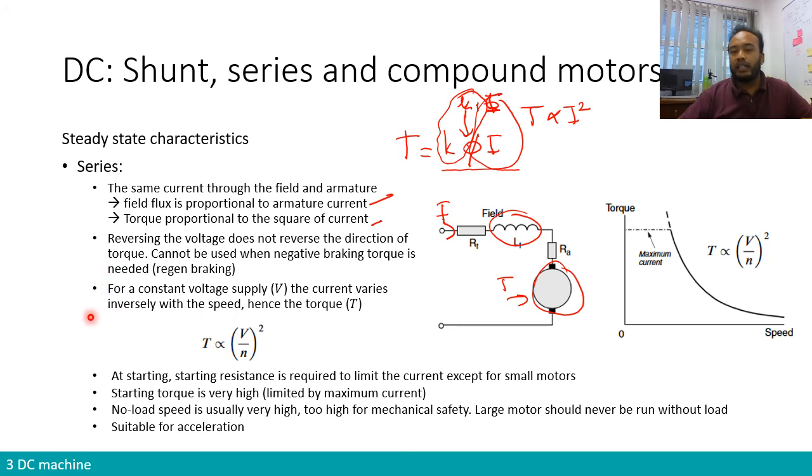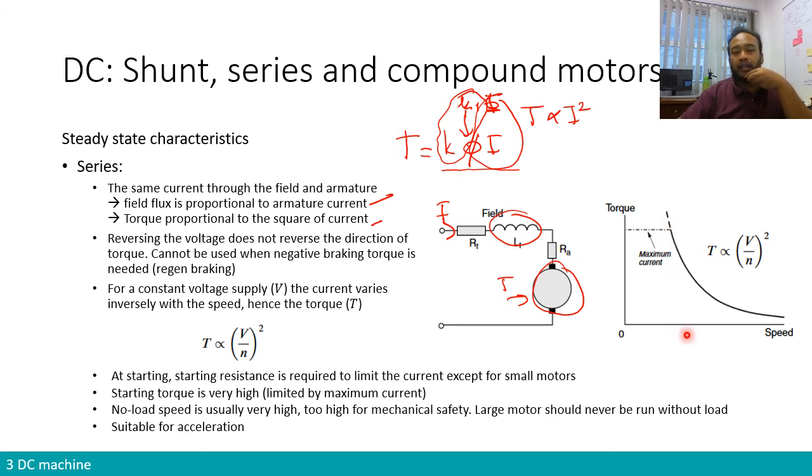Now what is the relation between torque and the voltage? If we look at this graph over here, this is the graph of the relation between torque and speed of the machine. For a constant voltage supply, just now when we looked at the shunt machine, we have basically a constant base speed as the voltage is set.